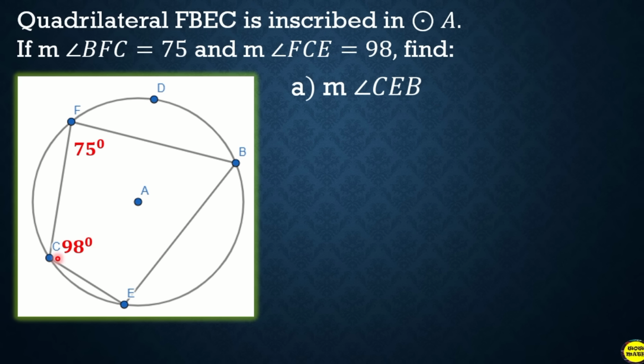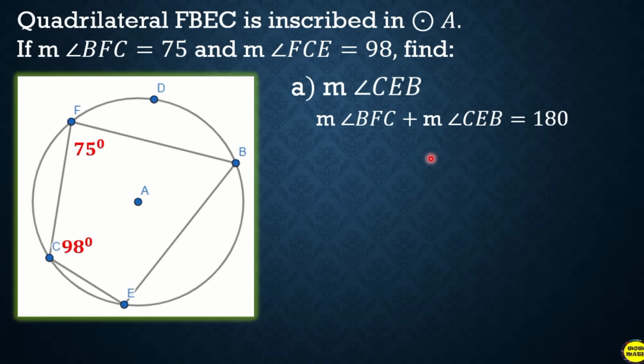So, yung angle CEB ay opposite ng angle BFC natin. So, alam natin kanina, binanggit natin yung theorem number 4, if a quadrilateral is inscribed in a circle, then its opposite angles are supplementary. So, kapag inadd natin yung dalawang opposite angles, equal sa 180.